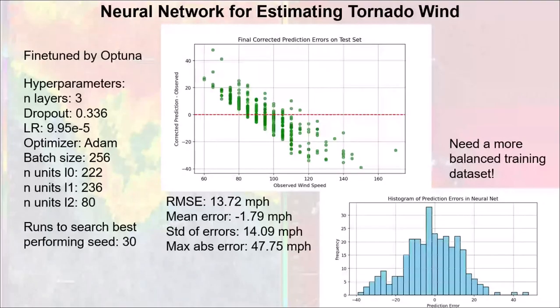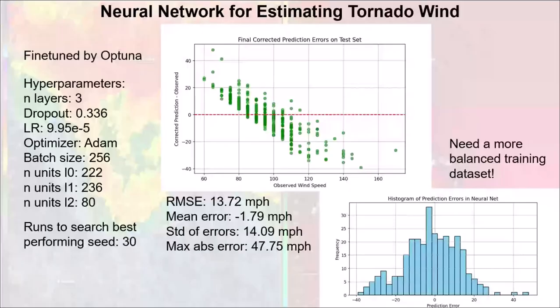But here I have a neural network estimating tornado wind speeds. I use Optuna to find hyperparameters that perform the best, at least in its little sample of data. So we have 3 layers, and we're using Adam for the optimizer.